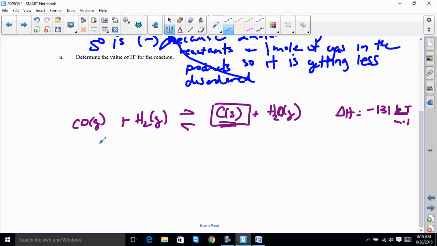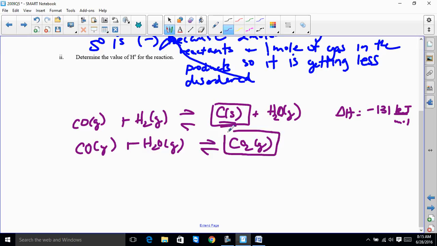So I'm going to take reaction Y and flip it, and so I get CO gas plus H2O gas goes to CO2 gas plus H2 gas. This is critical, because if you look at reaction Z, it has this and this on the right. And again, because I flipped it, delta H has to be negative 41 kilojoules per mole.